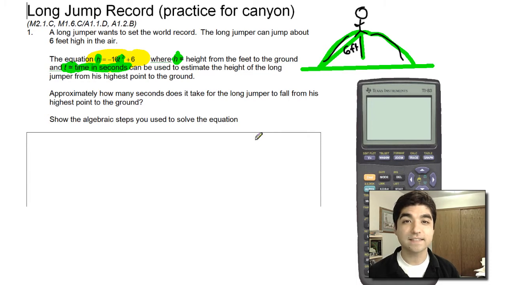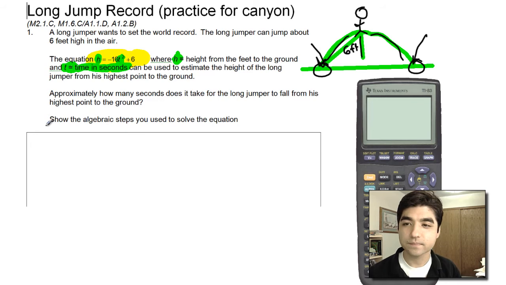And in this task, it's all about finding those 2 points. These are the most important points in your life right now, those 2 points. And you find them by using this equation here.